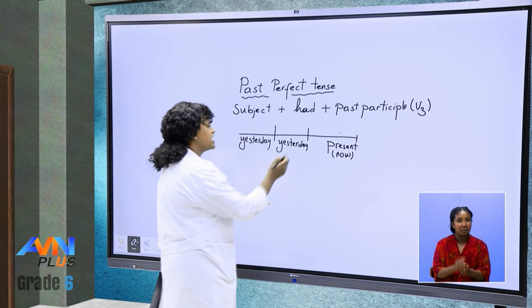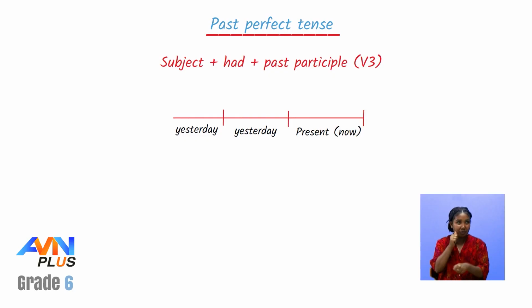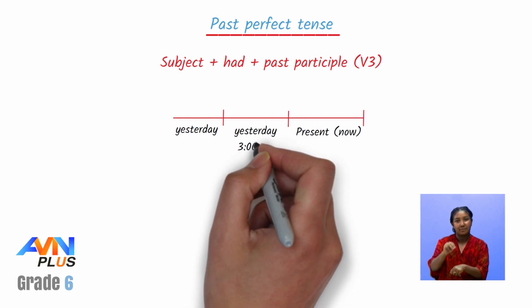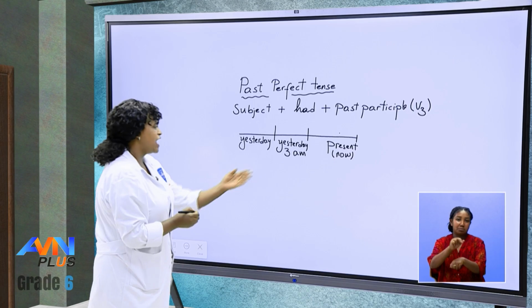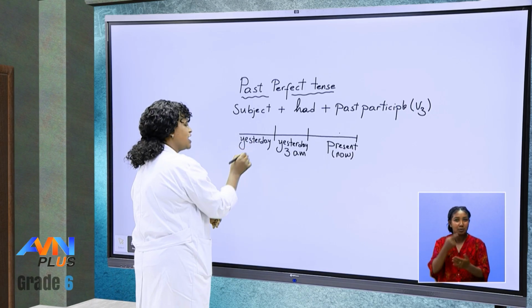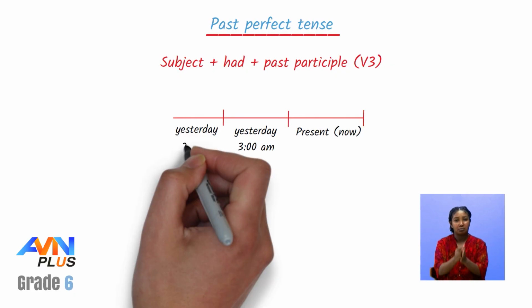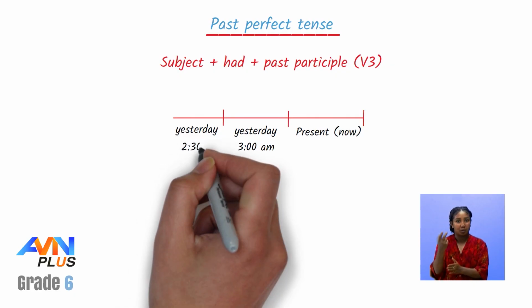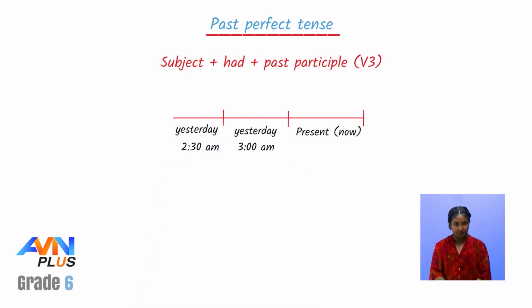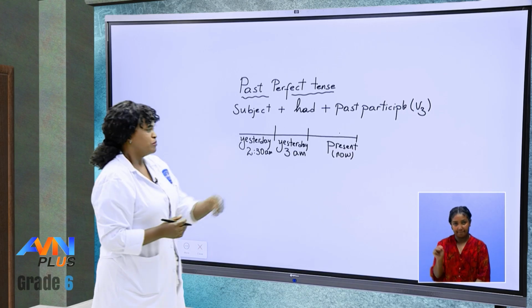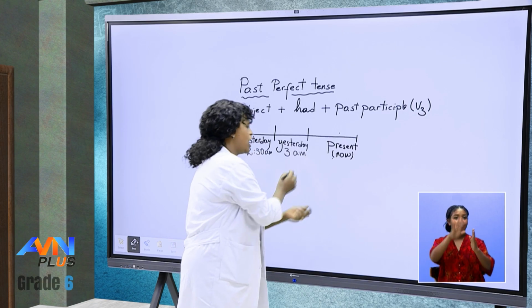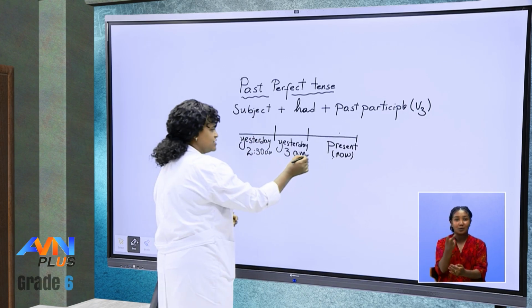Let's assume that yesterday at 3 a.m., all right? And let's assume that the other activity happened at, let's say, 2:30 a.m. Based on the time frame of now, both of them are past, all right?